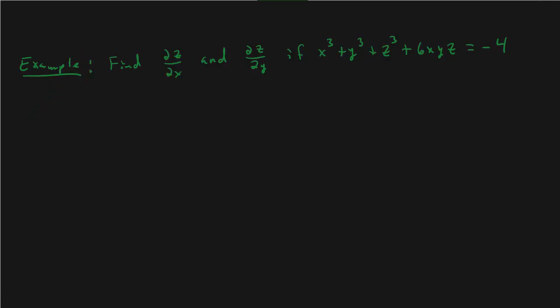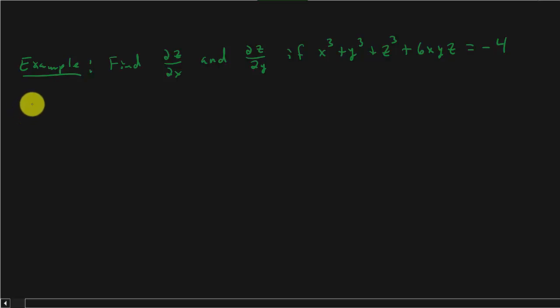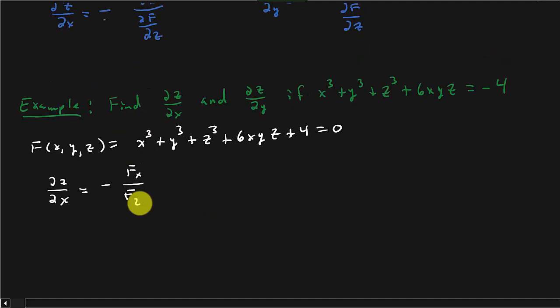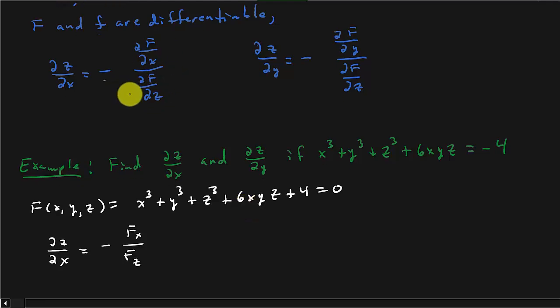For here, I have F of x, y, z equal to x cubed plus y cubed plus z cubed plus 4xyz plus 4 equals 0. Move that 4 over. I'm finding the partial of z with respect to x first, and we know that is negative Fx over Fz. We're just using this formula right here.